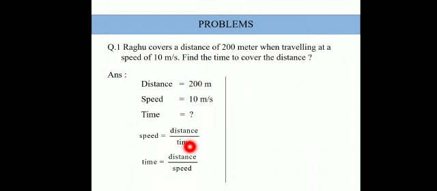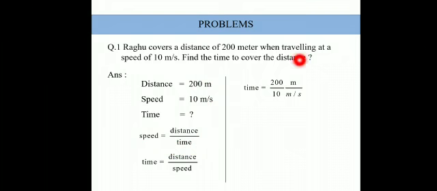Then the second step is substitution. Whatever values we have obtained from the question, we put in the formula. And the third step is to get the right answer. You also have to show how we have got the answer. So first step: time is equal to distance upon speed. Second step is substitution. We know distance, we know speed, so we substitute.